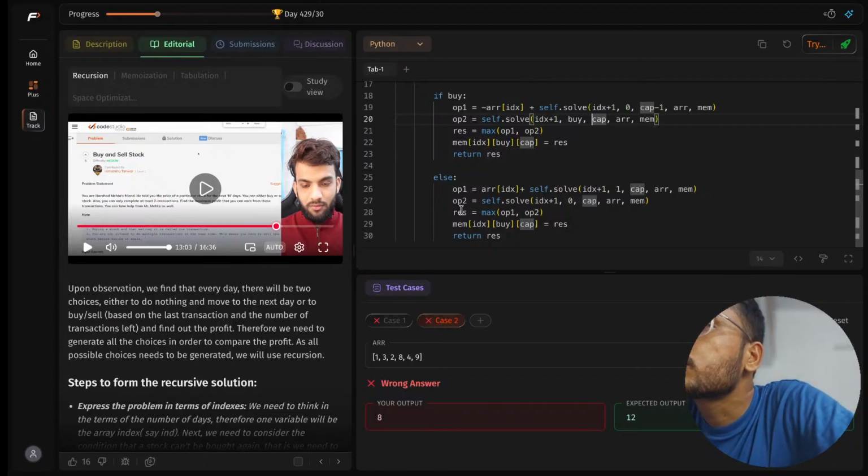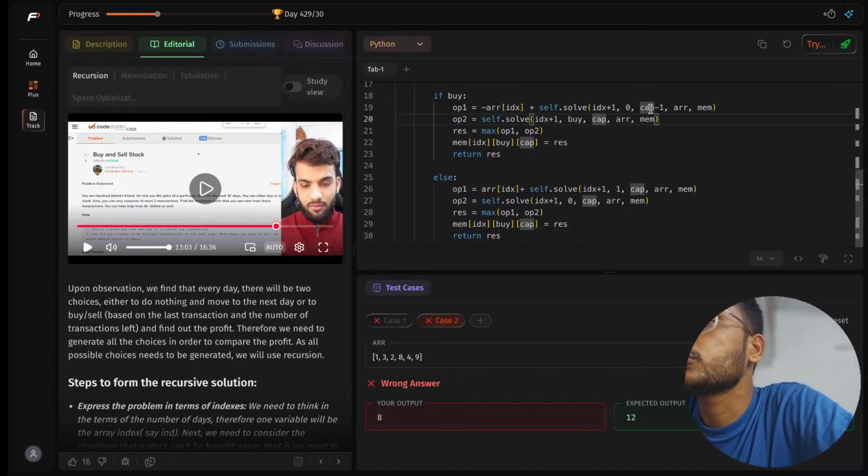No bro, somewhere I'm missing something. Option 1, option 2. First time buy, then capacity will become 1, and then if you are selling, then capacity will remain 1. You still have 1 capacity.